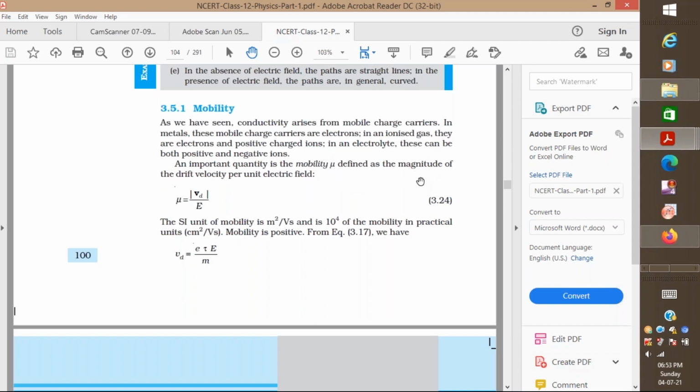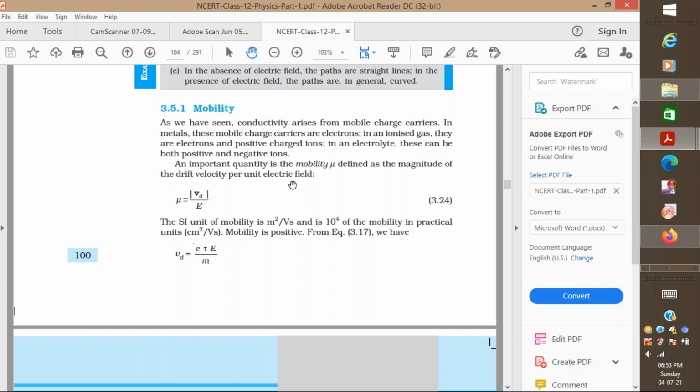Because in various materials, the nature of the electrons, whether they will be free, nearly free, or not at all free, depends on the material, and also on how much electric field you have given. As you have seen, the drift velocity depends on the electric field.